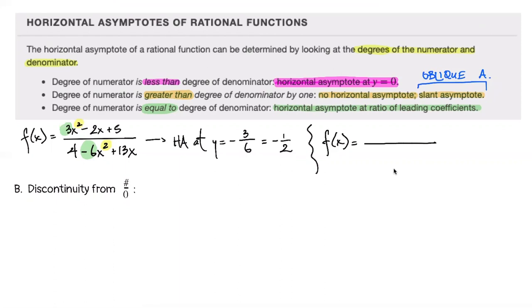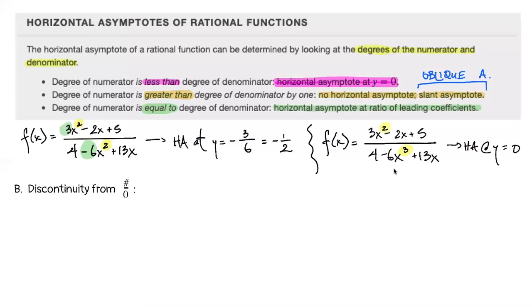So one way is, you keep the top the same and you make the power on the bottom bigger. So we could do an x cubed on the bottom. Now the power on the bottom is bigger, and that's going to give us a horizontal asymptote at y equals 0.